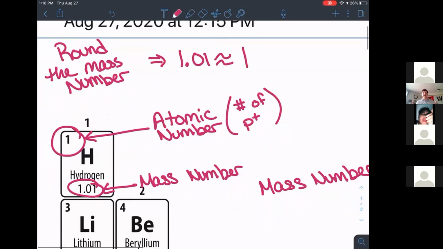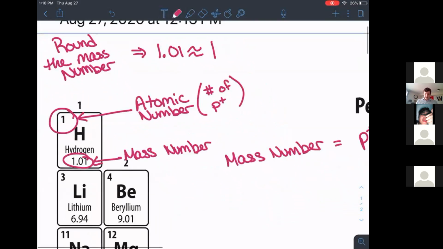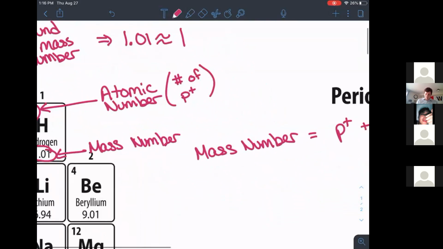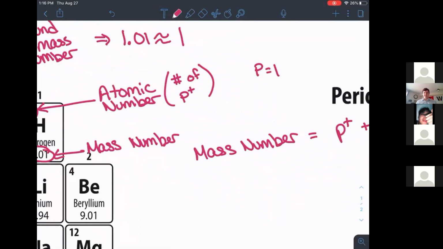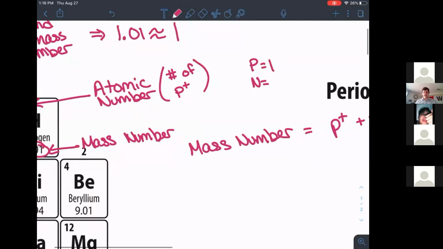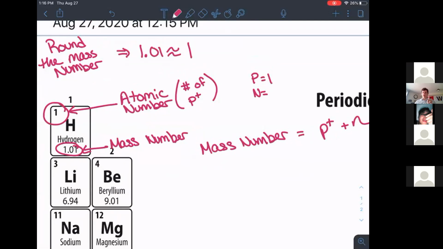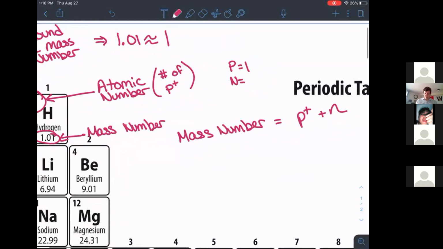Because if it's less than 0.5, it's going to round down to 1. If it's more than 0.5, it's going to round up. So we know that there was 1 proton for hydrogen. How many neutrons do we have? If we have 1 proton and our mass number is 1, we have 0 neutrons.